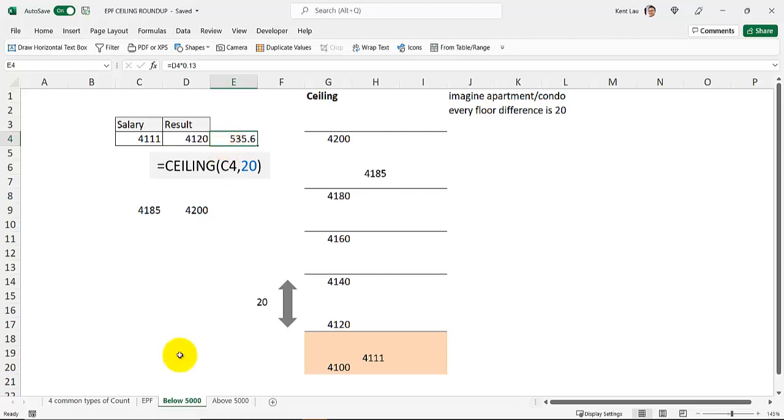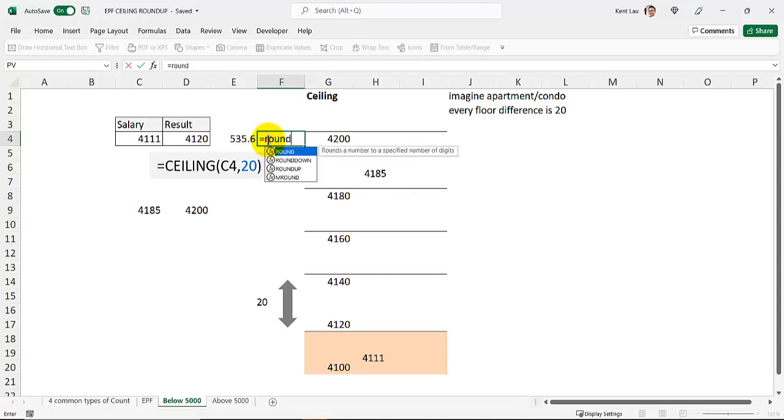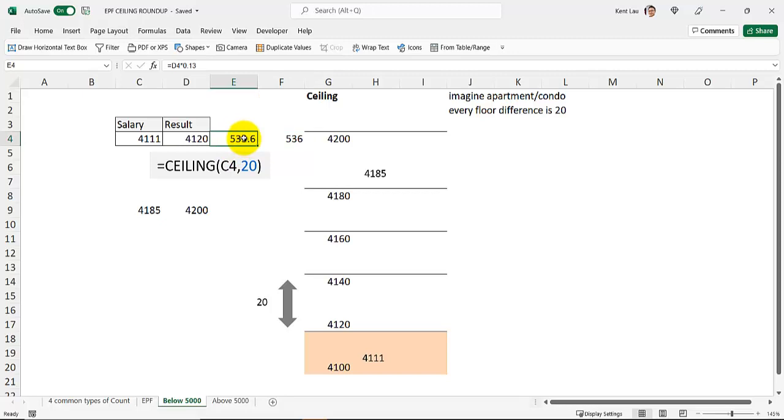So now what is the round up? Take a look at this round up. It always rounds up to zero decimal points. So it becomes 536. Let's say I have a value of 535.2. If you use round up with no decimal point, it will always become 536.